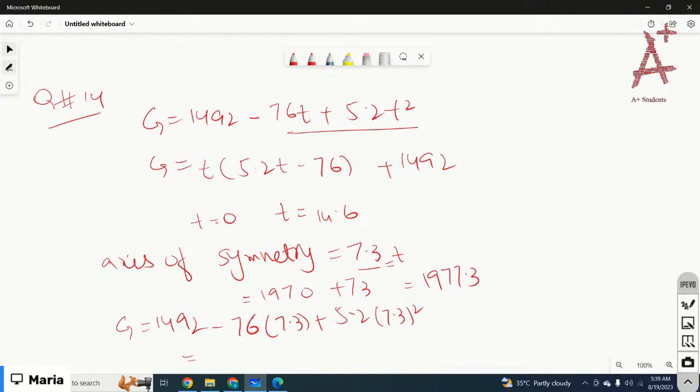Hold on, let me calculate. That means the minimum amount of gold mined was about 1215 tons, right?